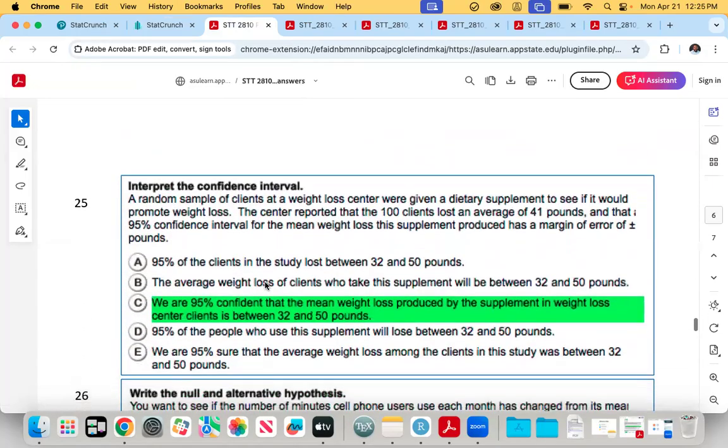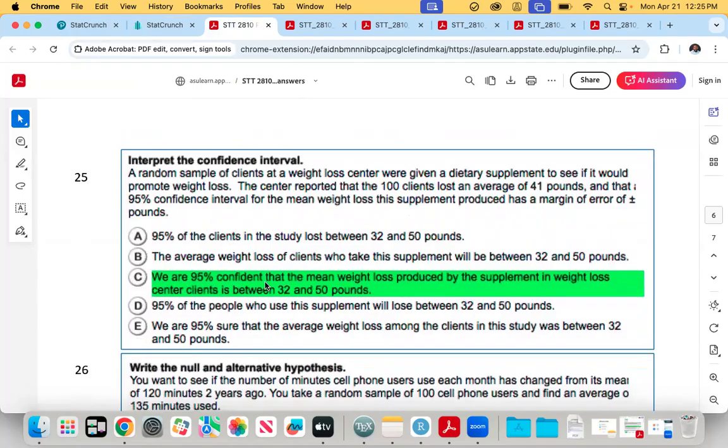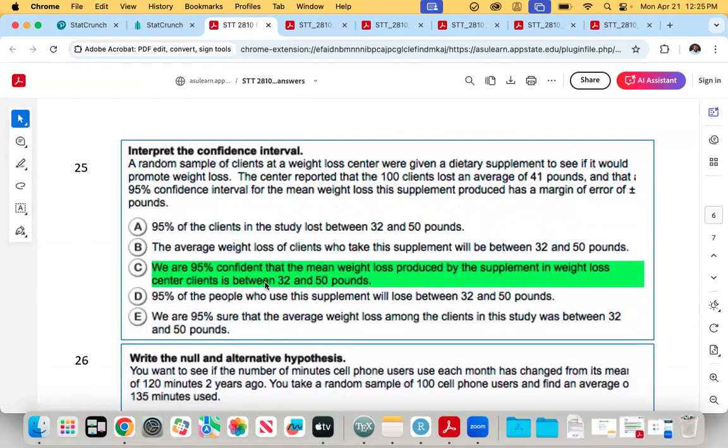Let's get to 25. 25 says that we should interpret the confidence interval. And so you have to be able to read the problem first.